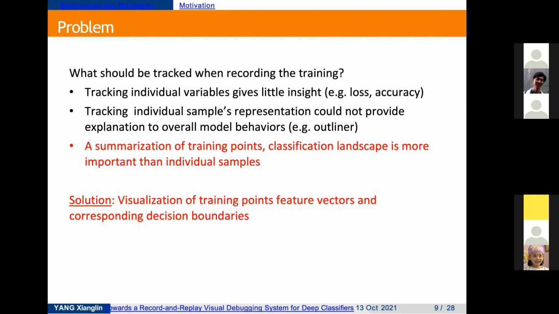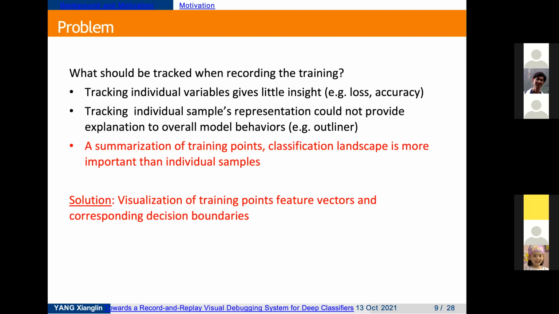Like I talked about before, if you observe that loss is not decreasing or your accuracy plateaus at some point, you still cannot know what the root cause is. Another possible solution is to check some individual samples' representations along the training process, but that still cannot provide much information because there could be some outliers and it cannot explain the overall model behavior.